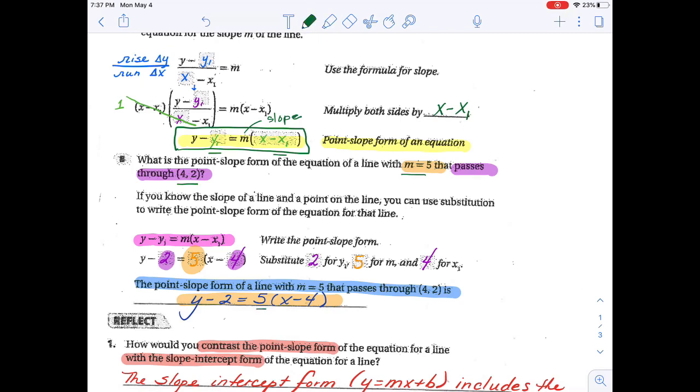And that shows me what the slope is, what my x is of the ordered pair, and what the y is of my ordered pair. So the point x, y is on my line with the slope of 5.